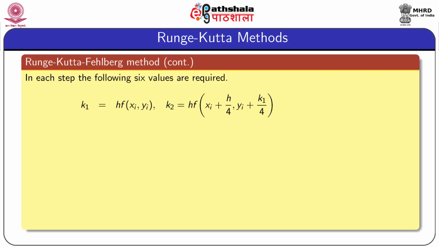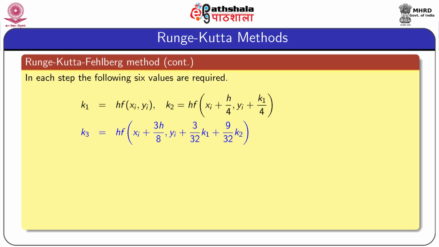So, in each step the following 6 values are required, that means k1 = h f(xi, yi), k2 = h f(xi + h/4, yi + k1/4). This is similar to the value of k2 for the Runge-Kutta method. k3 is different, the expression is this one.